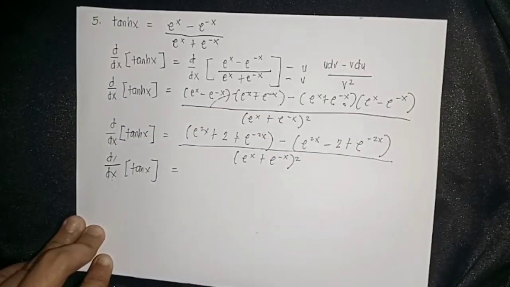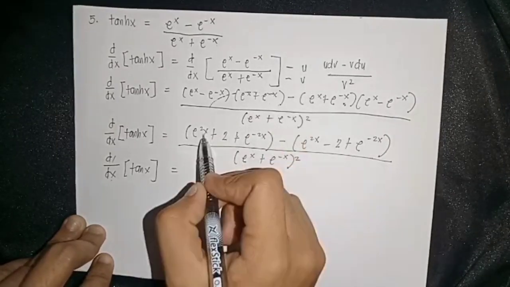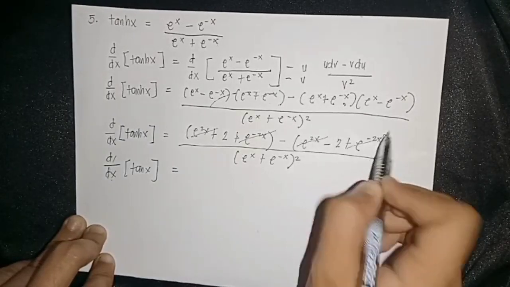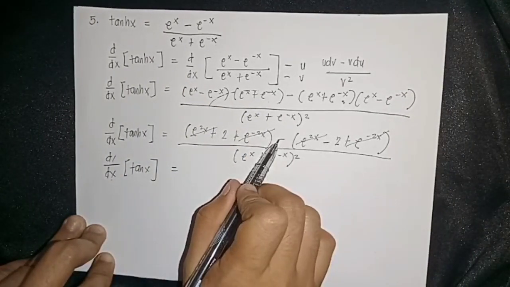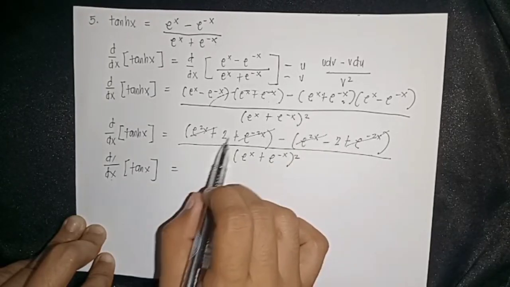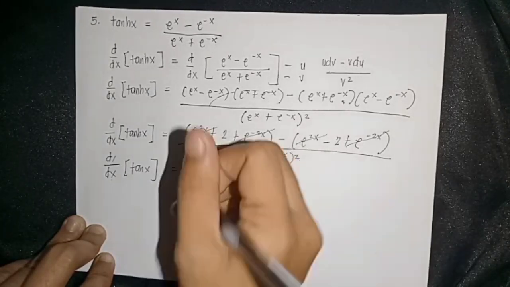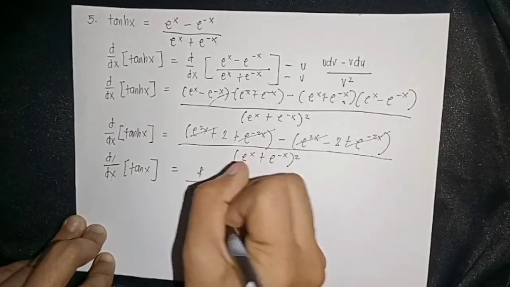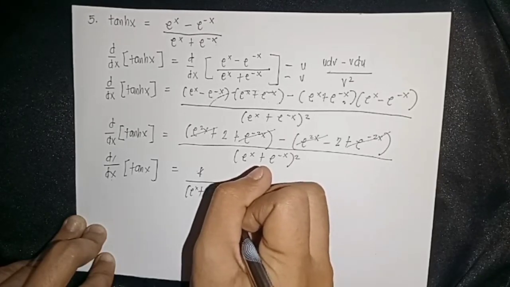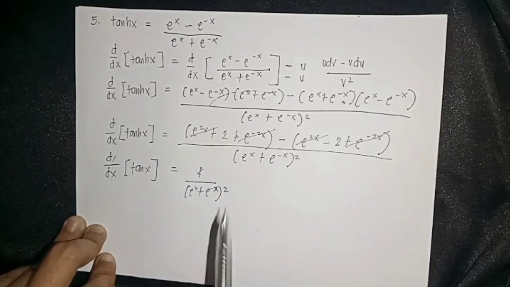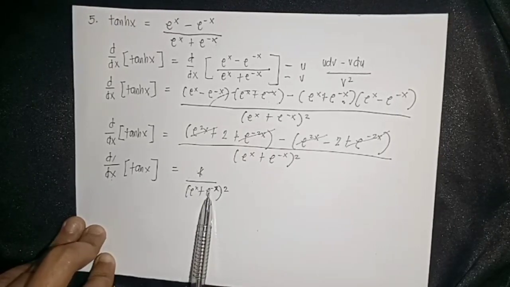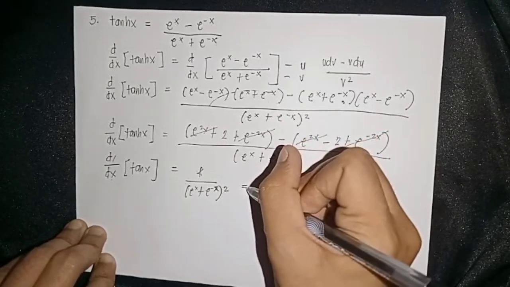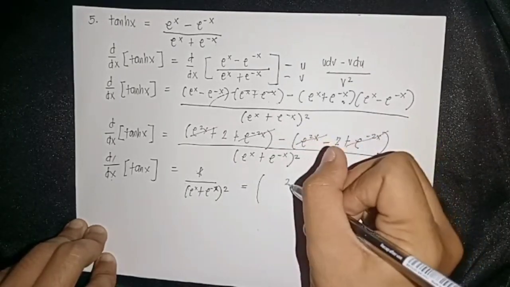We notice that the e raised to 2x plus e raised to negative 2x, we can cancel this out. And also on the right side, we can also cancel out the e raised to 2x plus e raised to negative 2x. 2 times 2 is equal to positive 4 over e raised to x plus e raised to negative x squared. We can probably rewrite this equation, where the common factor of 4 is 2.